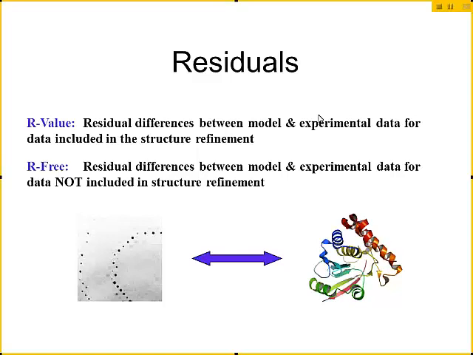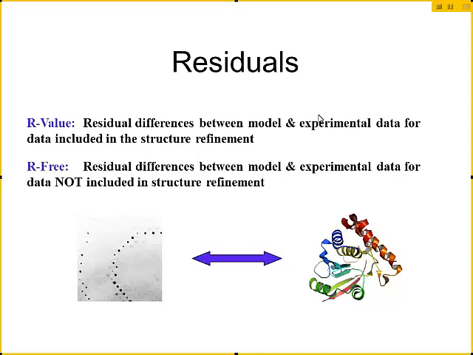If you make changes and your R value lowers but your R free stays the same or goes up, the experimentalist should reject those changes and try a new fitting. So R free acts as an independent assessment of the quality of the refinement.